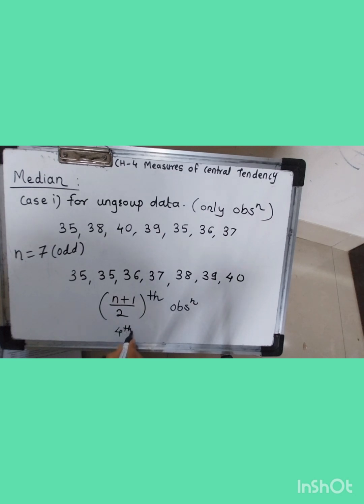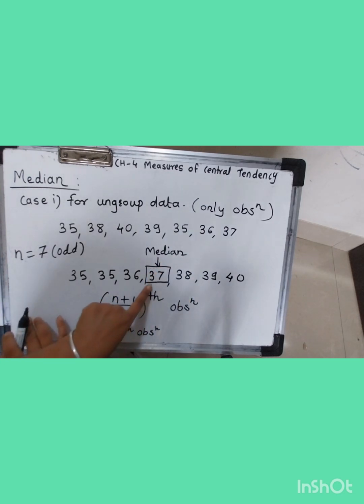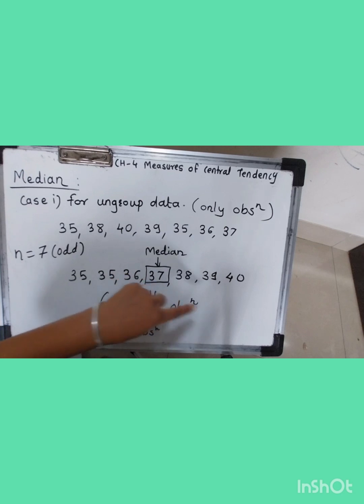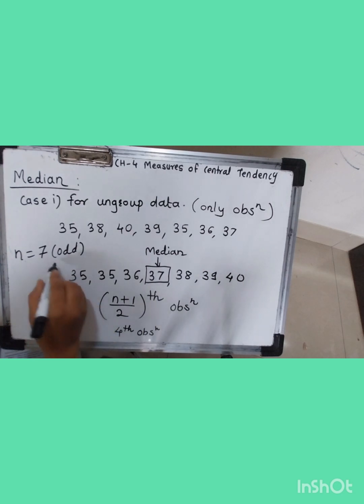The 4th observation is the median. By definition the middlemost value is the median. 37 is the middlemost value of these observations, so 37 is the answer. Got it? That is for the odd number.